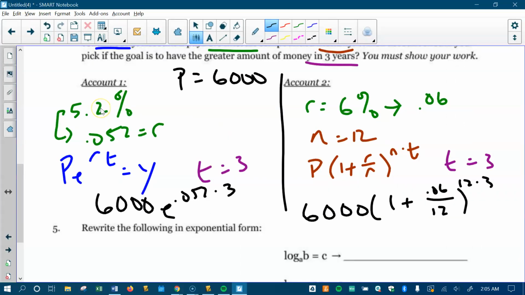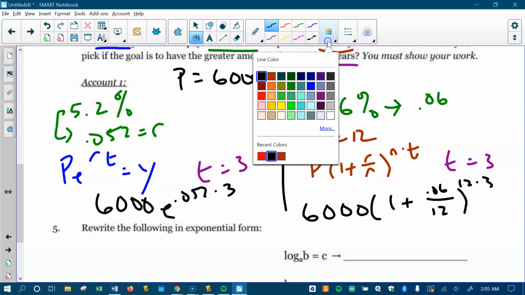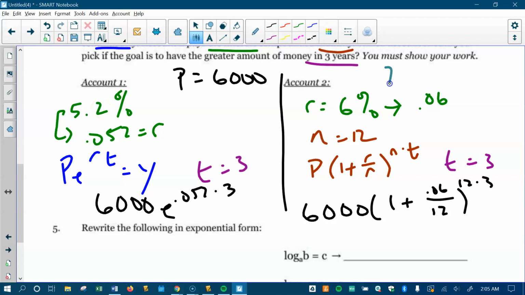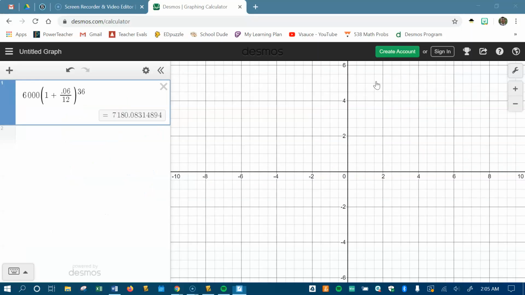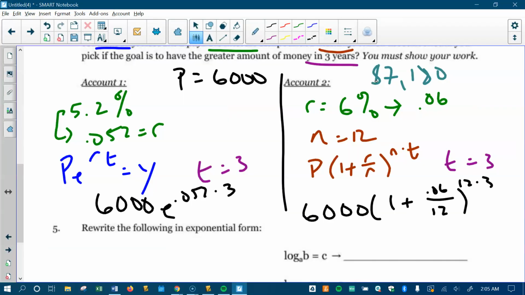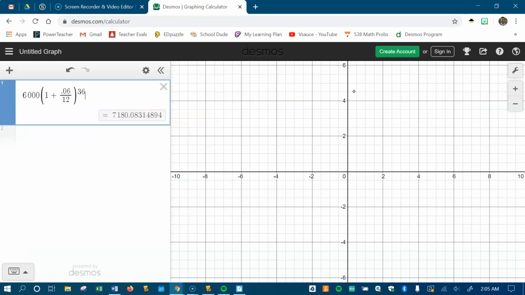Okay, I get $7,180 and 8 cents for this one. That looks like a nice healthy amount. Okay, let's get the other one. 6,000, that one is so much easier to enter. 6,000 e to the 0.052 times 3.